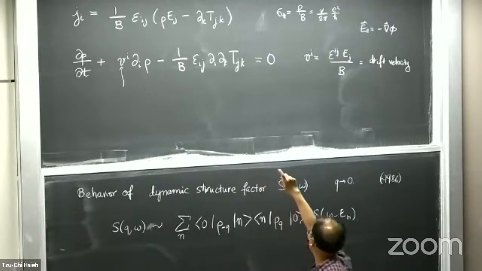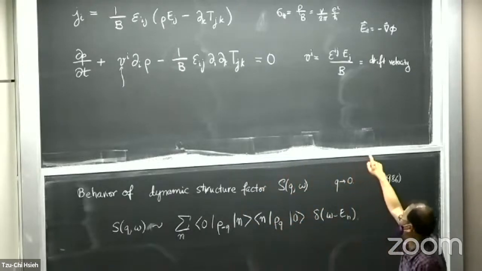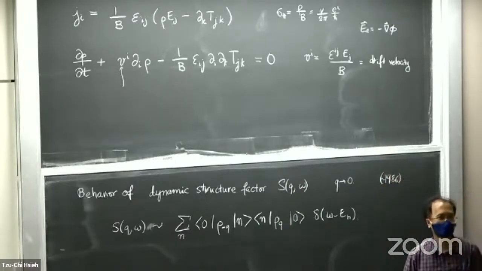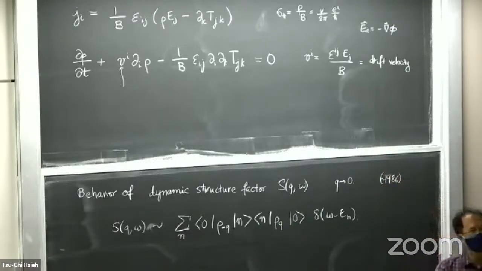This V that we derived, that we wrote here, is basically a notation. So you can define your V to be J divided by rho. Then it would be a more dynamical variable.